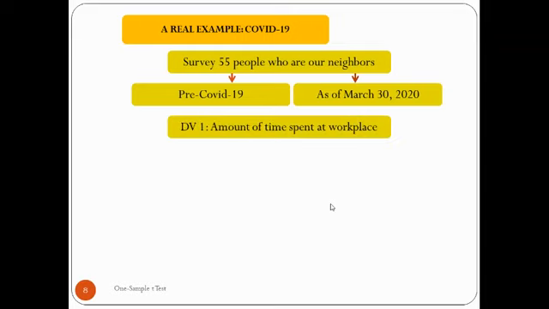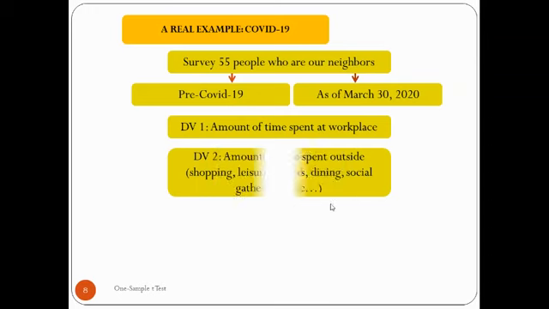So you might want to know about the amount of time they spend at their workplace. You ask them about the amount of time they spend at their workplace before COVID-19, and right now, on March 30th, 2020. The second dependent variable that we want to compare is the amount of time they spend outside, and you operationalize time spent outside as time they spend on shopping, on leisure, or engaging in sports, or dining, or social gatherings, for example, having coffee with friends.